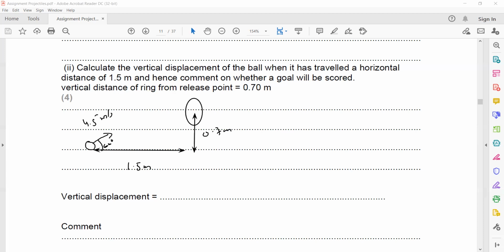So how we can work it out, basically we'll find that, and we already know the time to reach this 1.5 meter horizontally is 0.67 second. That's the time taken to cover it. So first we'll find the height of the ball at 0.67 second, and if the height of the ball is the same level, then it will pass through.